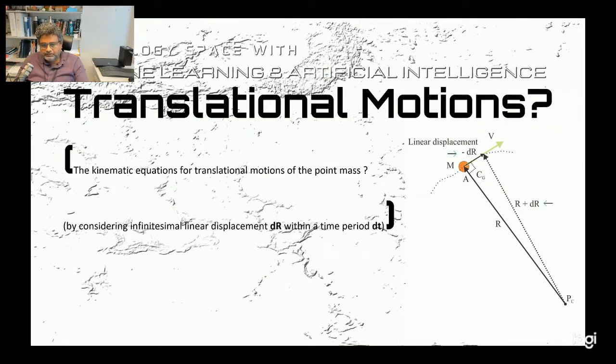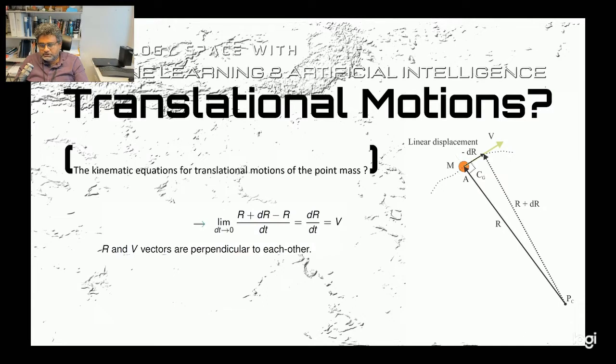So let's try to derive the kinematic equations for the translational motion of this point mass. In this situation, I am considering that this point mass has an infinitesimal linear displacement of dr within a time period of dt. Because of that linear displacement, the initial displacement vector r has changed to r plus dr in this figure. The velocity of this point mass can be defined as the change in the linear displacement divided by the respective time interval.